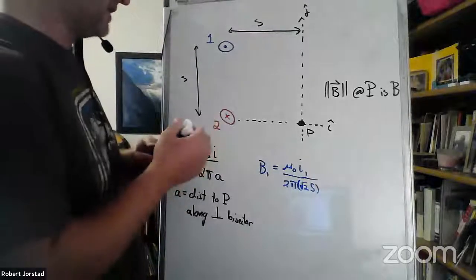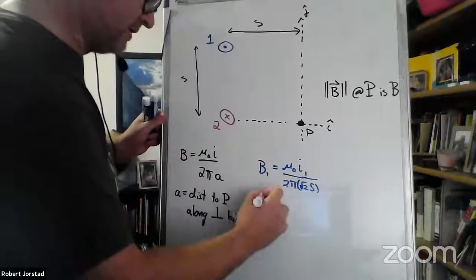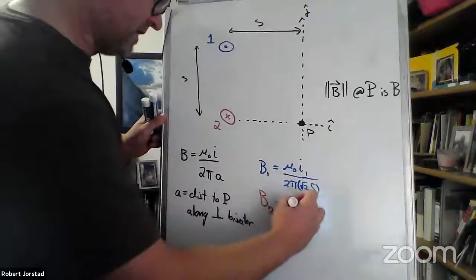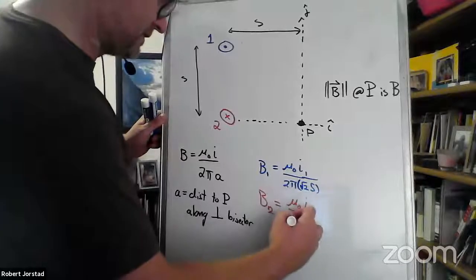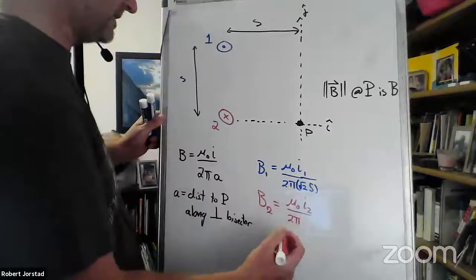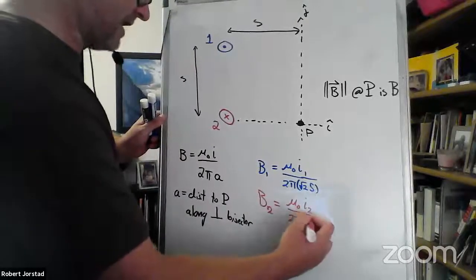And then you were saying just add it to B2, which is equal to mu naught I2 all over 2 pi times just s in this case, right? Actually, we just subtract it because it's going opposite directions.